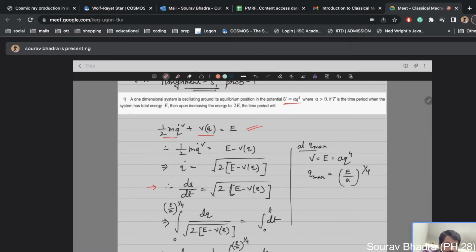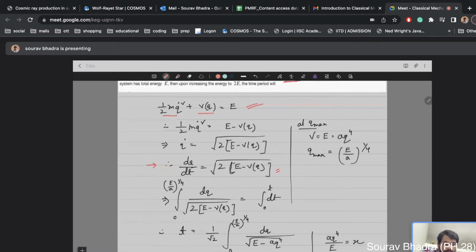Here q is acting as the spatial coordinate, you can think of q as r. So you will get dq by dt, and now we will integrate this expression from 0 to t.